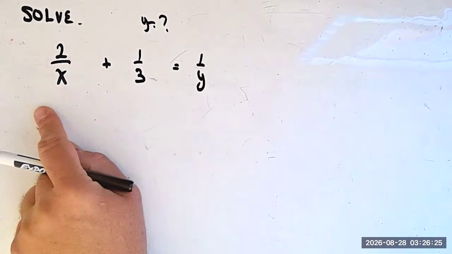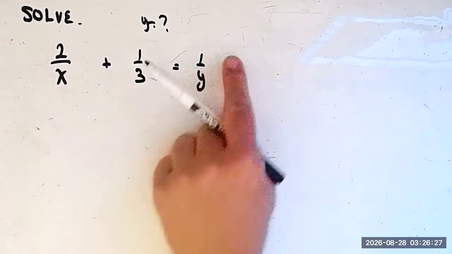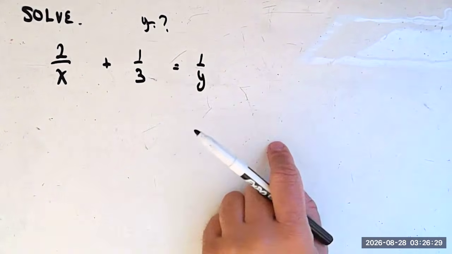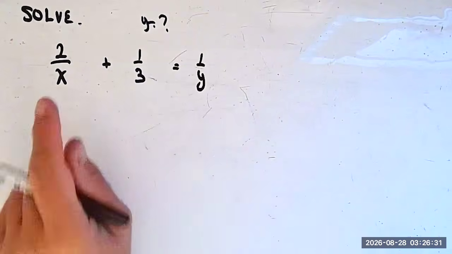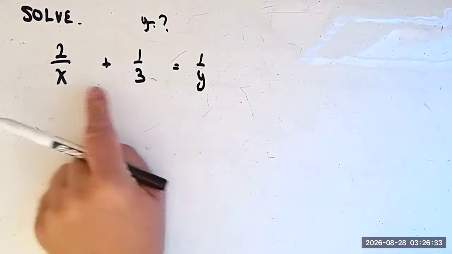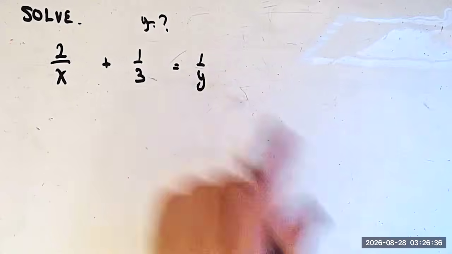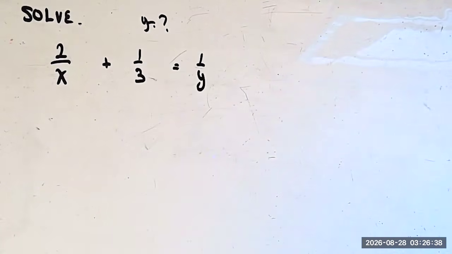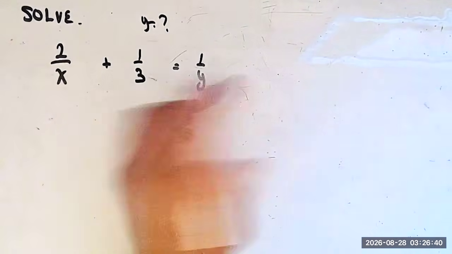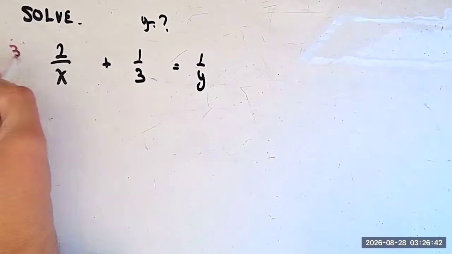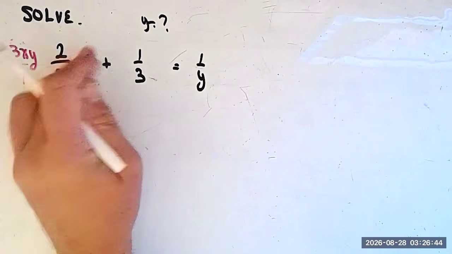We have 2 over x plus 1/3 equals 1 over y. So my least common denominator, I must have the x, must have the 3, must have the y. So we multiply by 3xy each term over 1.